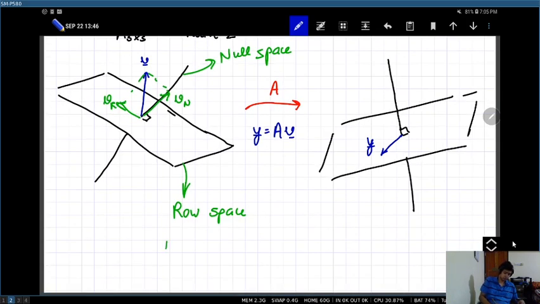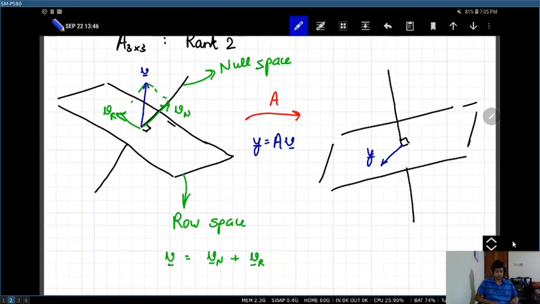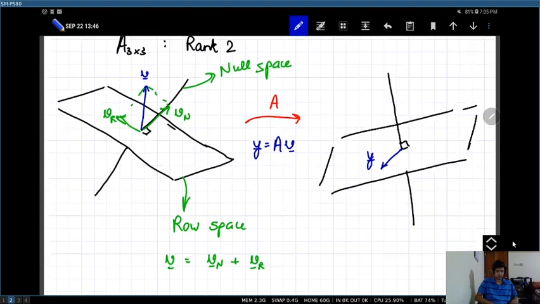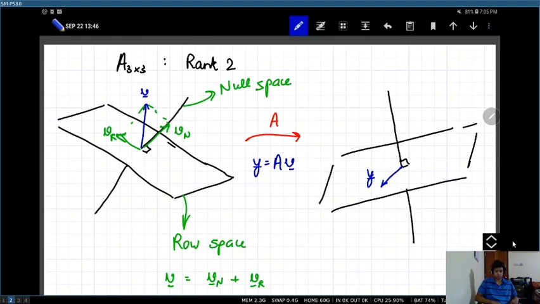So you can always write V as Vn plus Vr, where Vn is in the null space and Vr is in the row space, right? So note that the null space is the orthogonal complement of the row space. So a basis of the null space union with the basis of the row space forms a basis for the entire vector space. Okay.